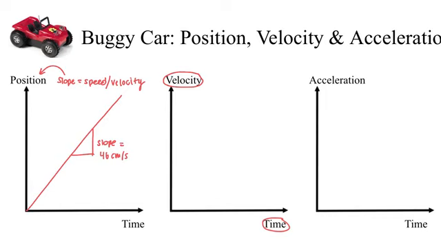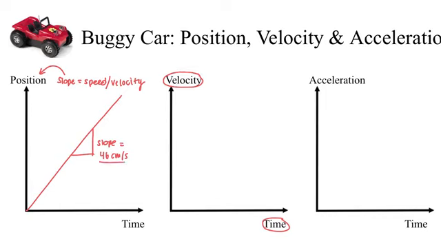Okay, now I like to think about it like this. If the slope of the position versus time graph is the speed of this car, and the slope is constant, that means the speed, or the velocity, is the same the entire time. And I know the value is 46 centimeters per second. So our velocity versus time graph is actually going to look something like this.